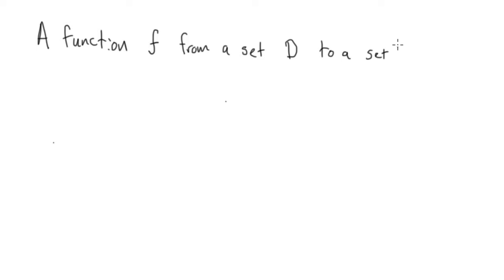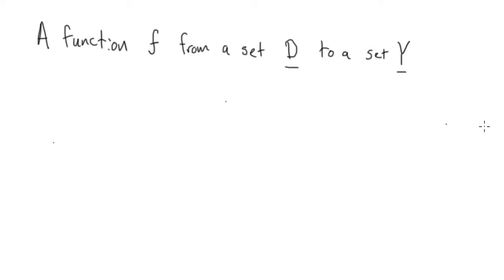So a function, which we'll denote for now just by a little f, sometimes we'll use different letters, but a function f from a set D to a set Y. And now these sets D and Y, we really want to think about them as subsets of the real line. So maybe an interval, maybe a union of two intervals, something like that.